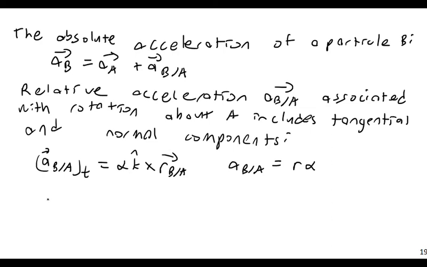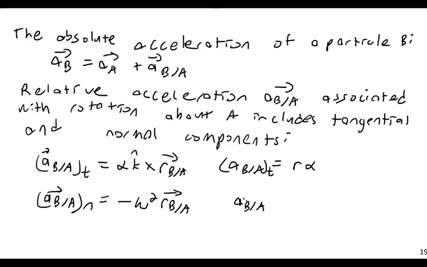And then the normal component, acceleration of B with respect to A, vector form, normal, is equal to negative omega squared RBA, where RBA is the vector from point A to point B. Actually, the previous one should have a tangential on it, sorry.